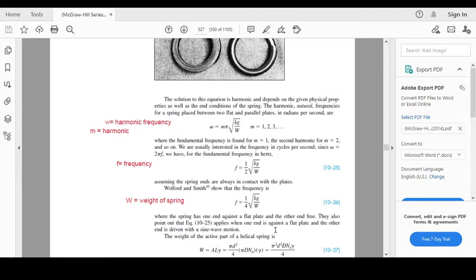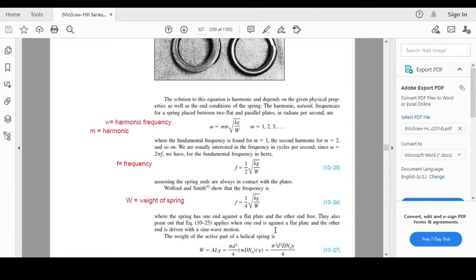The harmonic natural frequencies for a spring placed between two flat and parallel plates, in radian per second, are w equals m pi k square root of kg per W. So m equals 1, 2, and 3. w is the harmonic frequency in radian per second, and m is the harmonic: first harmonic, second harmonic, and so on. I'm sure you have learned this in the vibration subject.